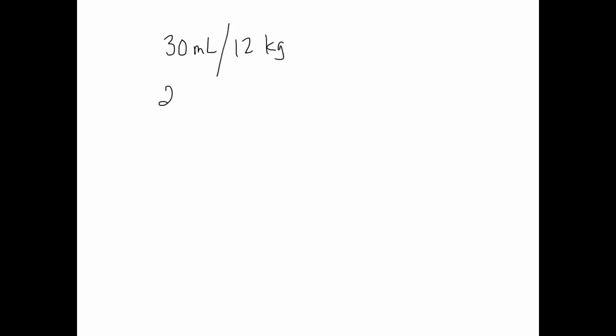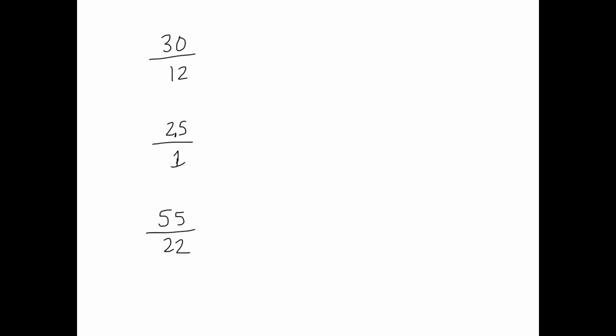We found a unit rate of 2.5 milliliters for every 1 kilogram, which means that you need 55 milliliters for every 22 kilograms. I've chosen to rewrite all my rates as fractions: 30 over 12, 2.5 over 1, and 55 over 22. Now there's a few ways that we could compare these fractions to make sure that they are equivalent.